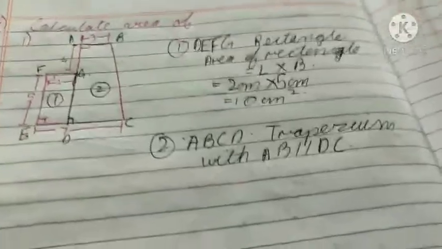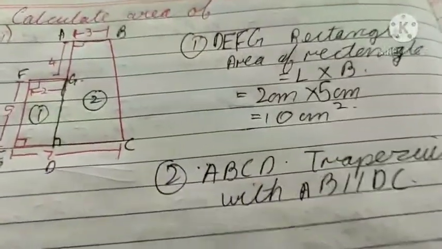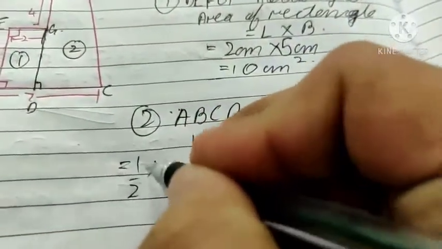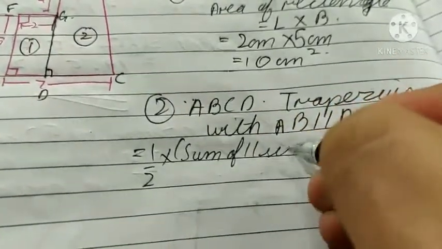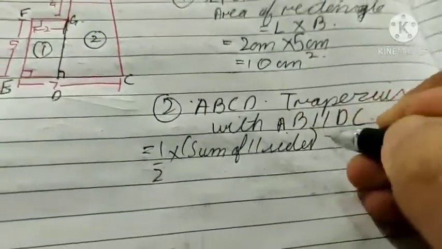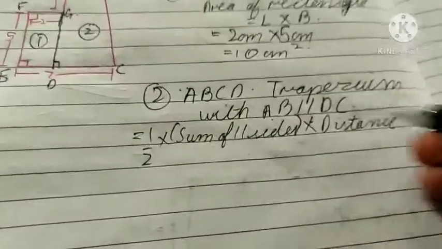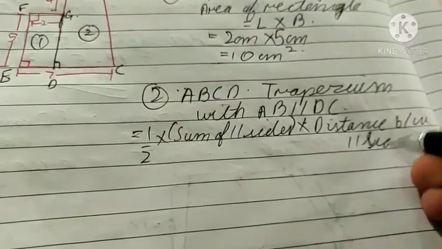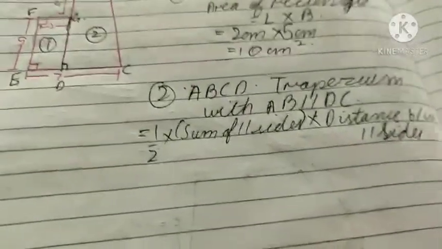So what we have to do is find the area of the trapezium, whose formula is 1 by 2 into the sum of parallel sides into the distance between parallel sides. Distance means the altitude or the perpendicular distance.